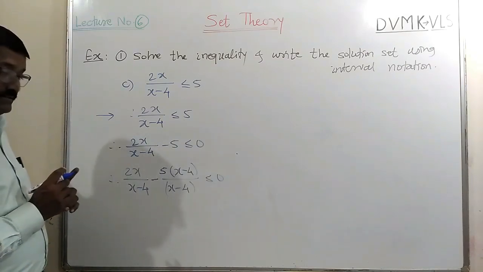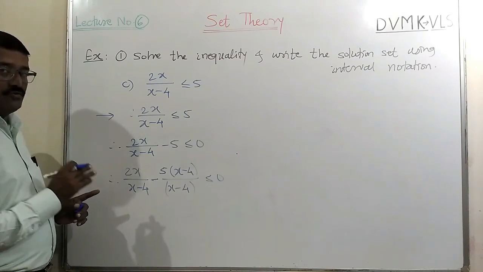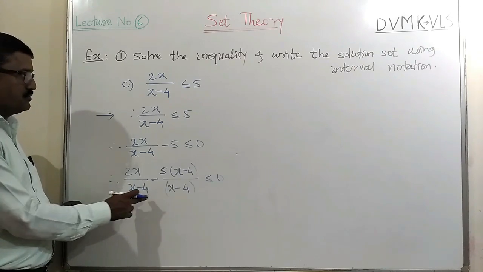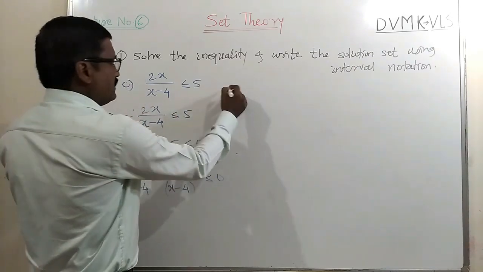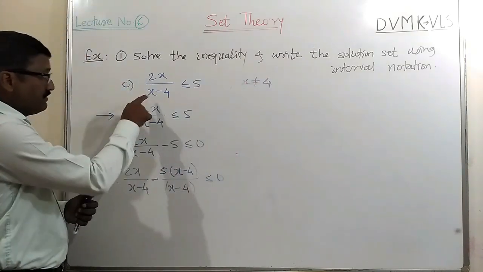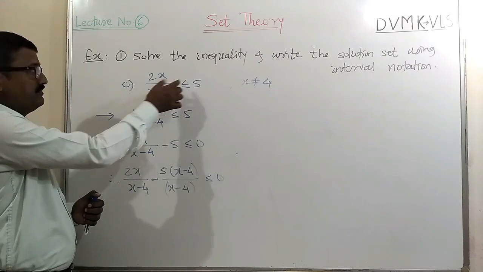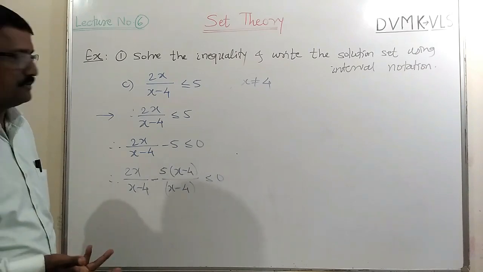One important thing here is that the value of x should not be equal to 4, because if you take x equal to 4, then 4 minus 4 will reduce to 0. So in the given example, obviously x is not equal to 4, because whenever x is equal to 4, this will lead to infinity, and infinity will never be less than 5, whether it is positive or negative.